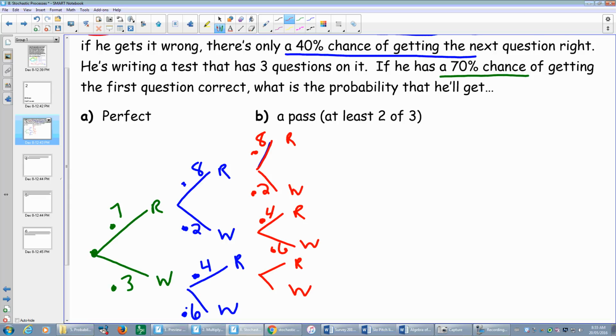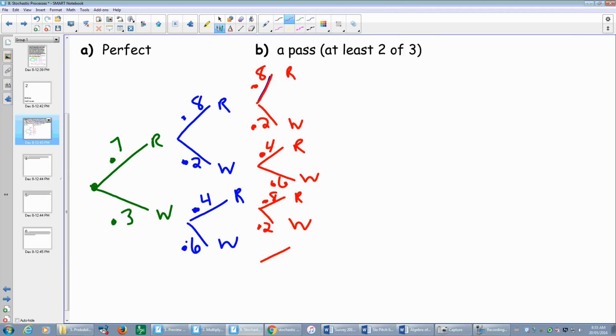He then gets the second question correct. What's the probability that he gets the third question correct? 0.8, very good. Which leaves what percentage to get wrong? Good. David, my last branch on here, if he gets it wrong, what's the probability that he gets it right for the third one? Very good. Sorry, you're right. The probability that he gets it right is 0.4. The probability that he gets it wrong is 0.6.